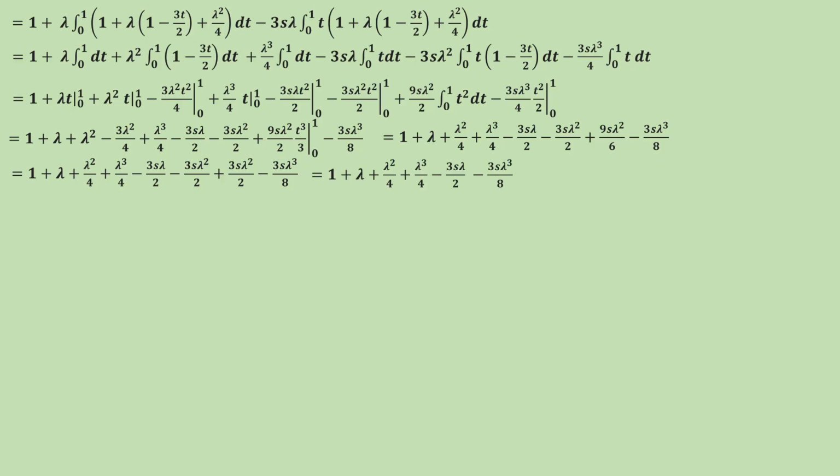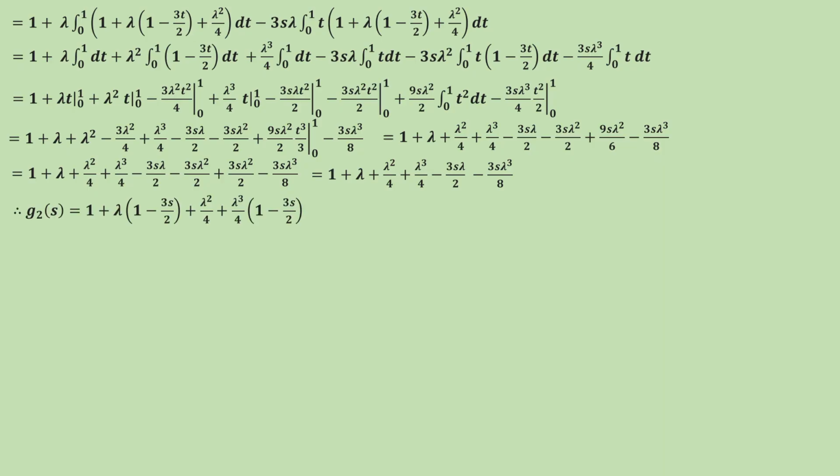That is equal to 1 plus lambda square by 4 minus 3s lambda by 2, and the remaining terms, minus 3s lambda square by 2 plus 3s lambda square by 2 get cancelled. So minus 3s lambda cube by 8.